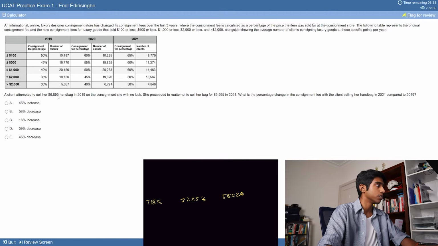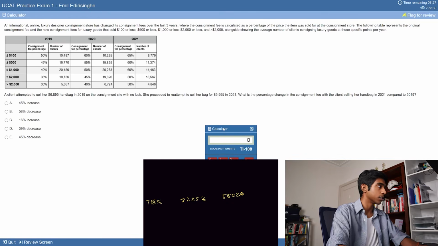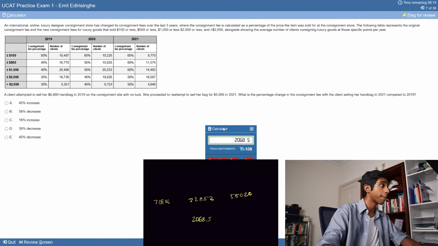So if she had sold it in 2019, it would be 30% of that. So 6895 times 0.3, 2068.5.